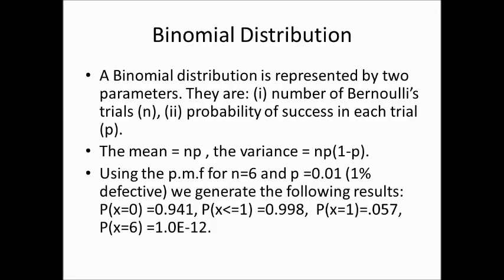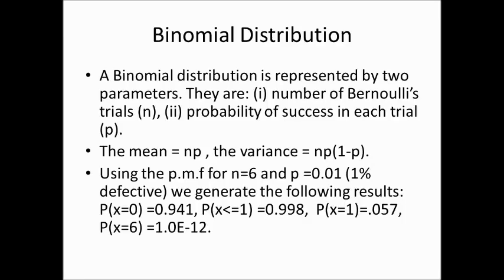So if I use the PMF, probability mass function, and for this particular problem n is 6, we got a sample of size 6, so inspecting the entire sample means carrying out 6 independent Bernoulli trials, and p is 0.01, 1% defective. So you get the following results.